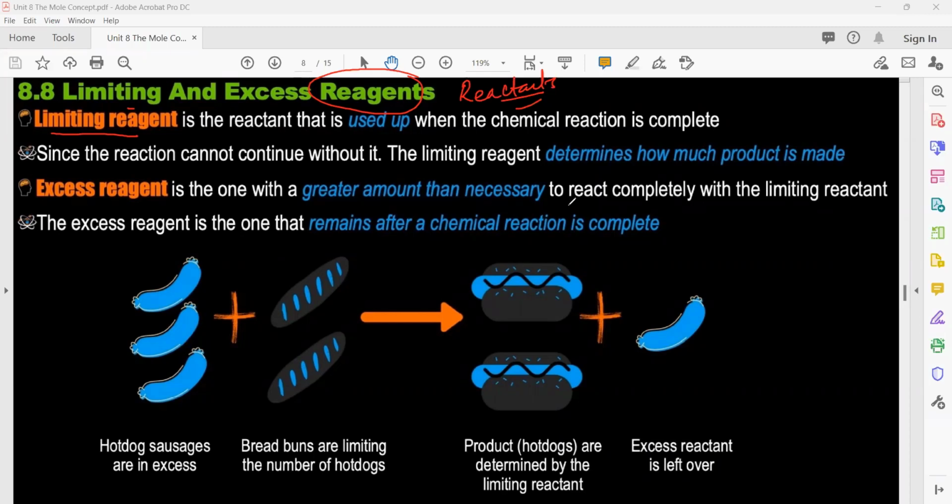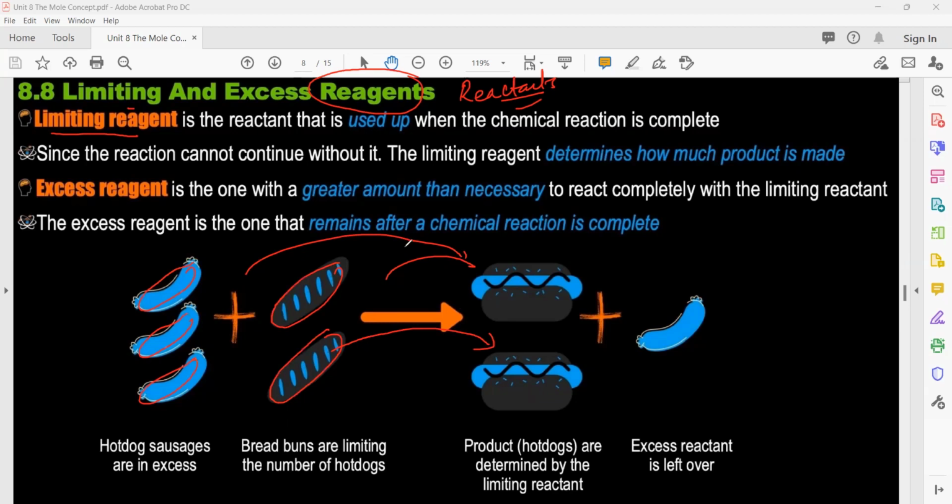For example, now you have, let's say, two breads, and you have 3 hot dogs. You want to make a sandwich. How do you make the sandwich? In one bread, you put 1 hot dog. Then again, in the other, you put 1 hot dog. So what is left now?